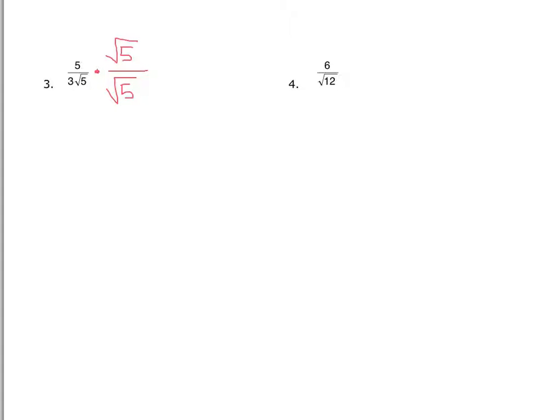I do not need to multiply by the 3. I just need to multiply by the radical in this example. In the numerator, that leaves me with 5 radical 5. Again, they don't multiply together because one's a regular number, one's a radical, but we can write them together. In the denominator, the 3 will come along, and radical 5 times radical 5 is radical 25.